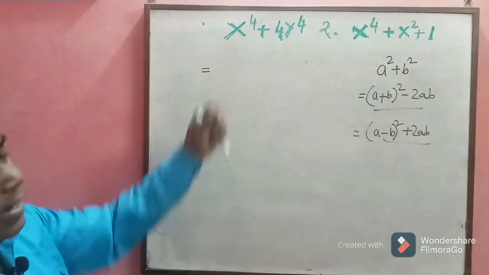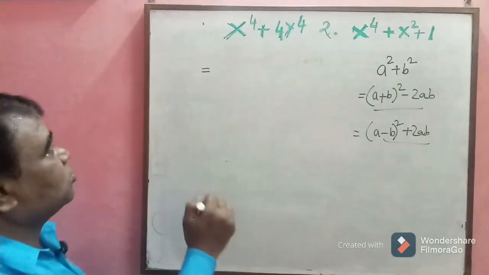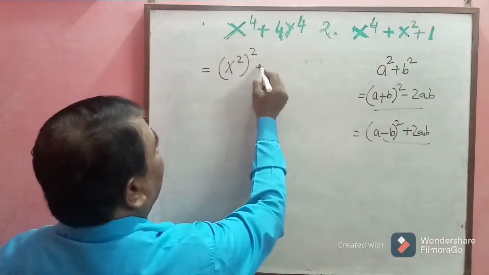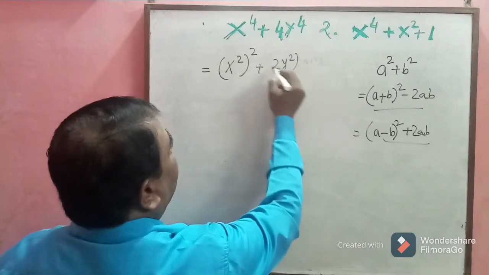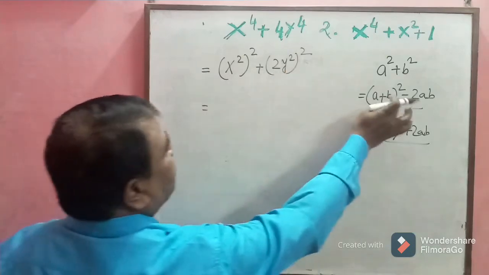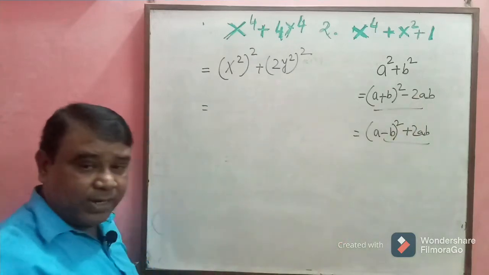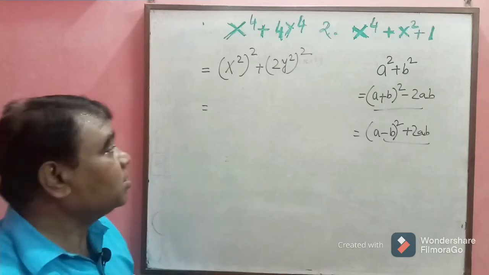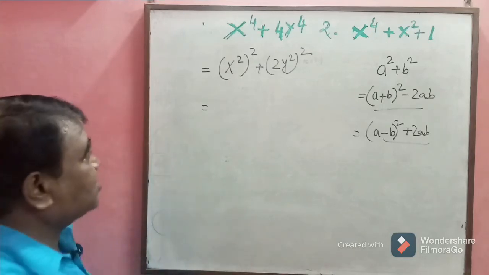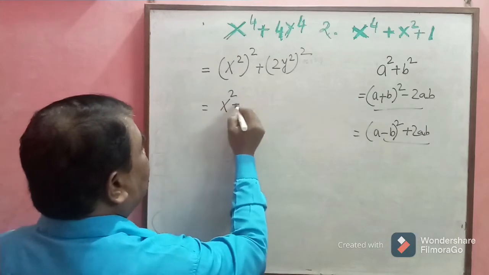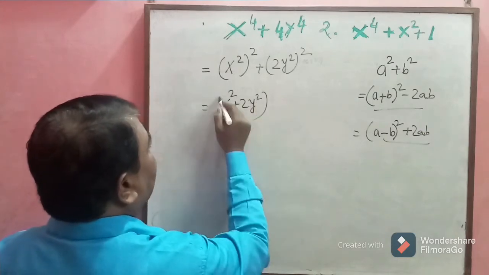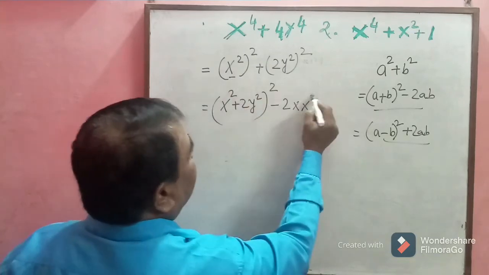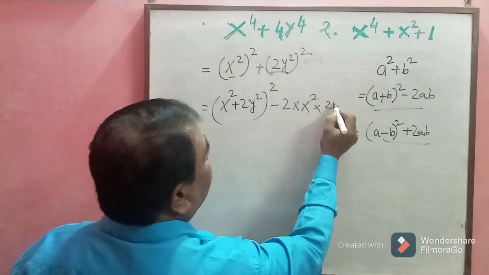Here also I will use an identity. With the help of the identity, I will solve this question. How do you see it? This is x square whole square plus 2y square whole square. Now if I use this identity to get a minus, that means the difference between two squares, I expect it will be expressed as the difference between two squares. So this is x square plus 2y square whole square, a plus b whole square minus 2ab, where a is x square and b is 2y square.